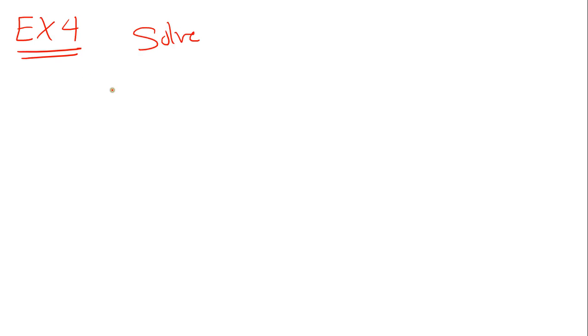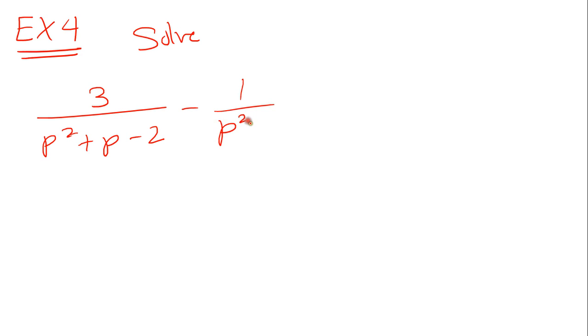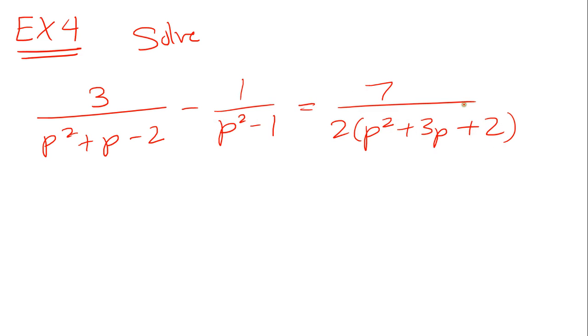All right, so this is a long one. 3 over p squared plus p minus 2 minus 1 over p squared minus 1 equals 7 over 2 times p squared plus 3p plus 2.